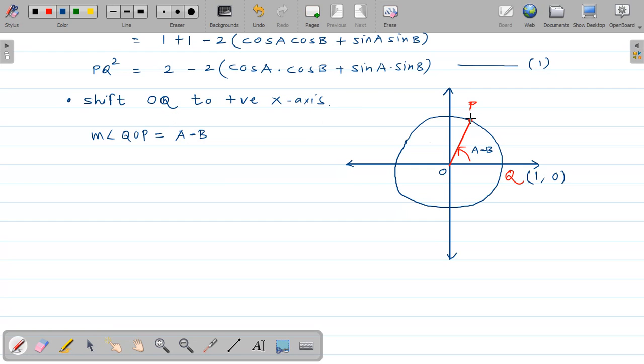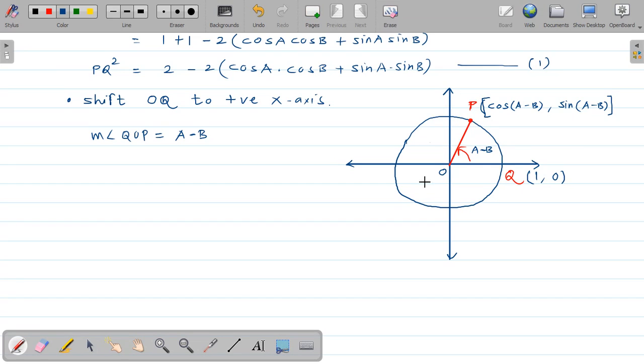So the angle made by this point P, because of this OP, the angle QOP is equal to A minus B. Now with respect to this angle A minus B, the new coordinates of point P will be: the x coordinate will be cos(A minus B), and the y coordinate will be sin(A minus B).